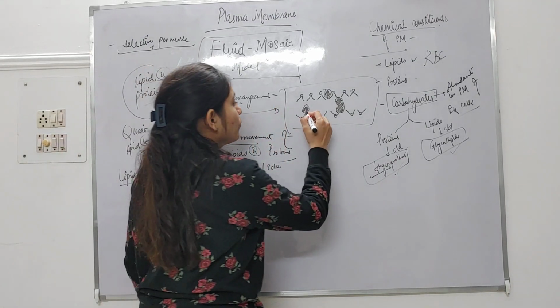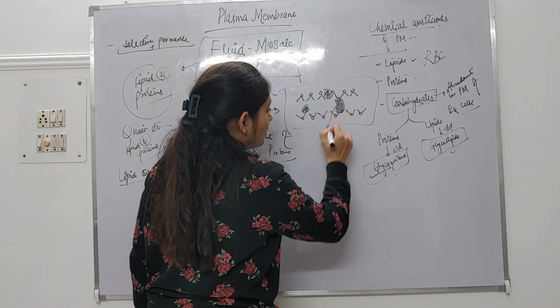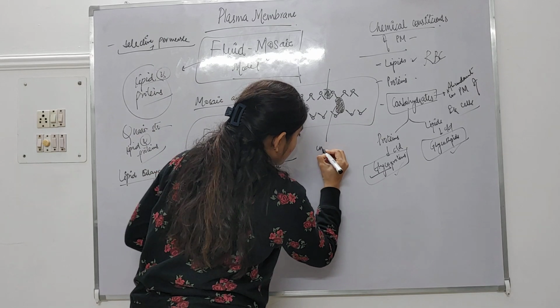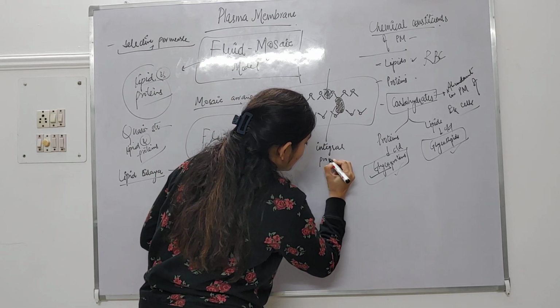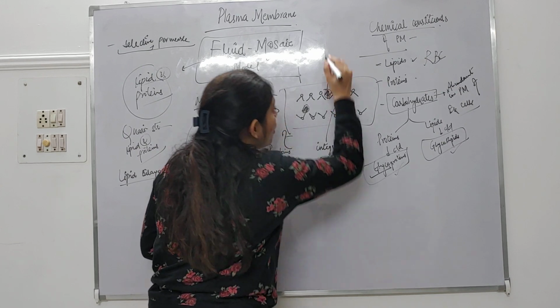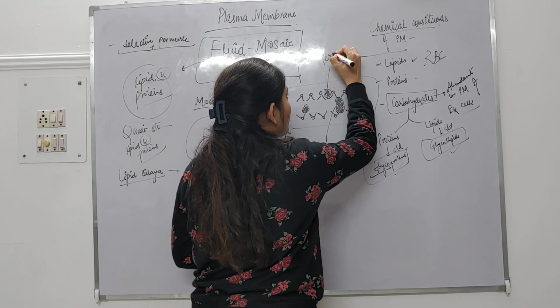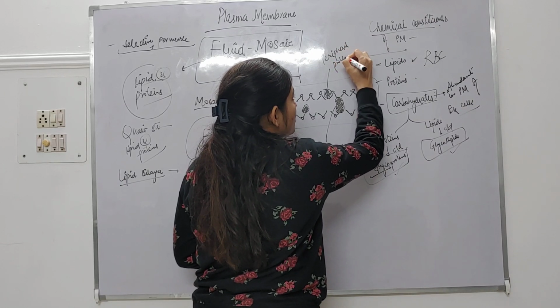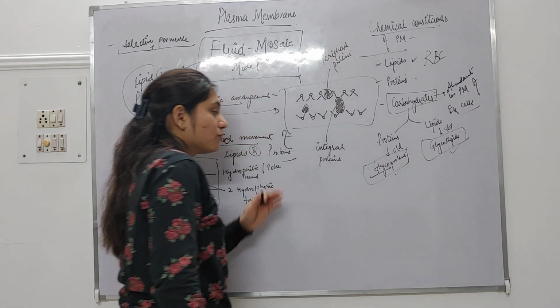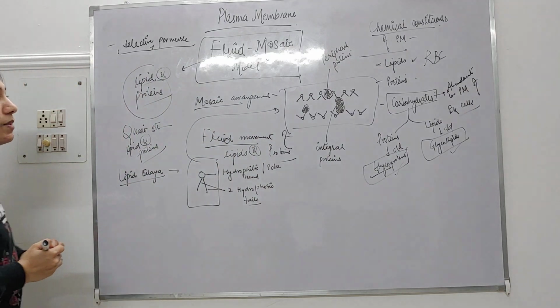They can be integral or they can be peripheral. Proteins are of two types: integral proteins and peripheral proteins. They are classified on the basis of their extraction from the plasma membrane.